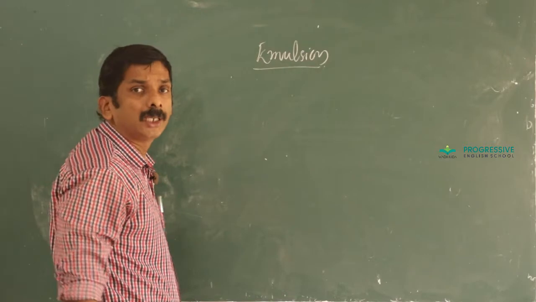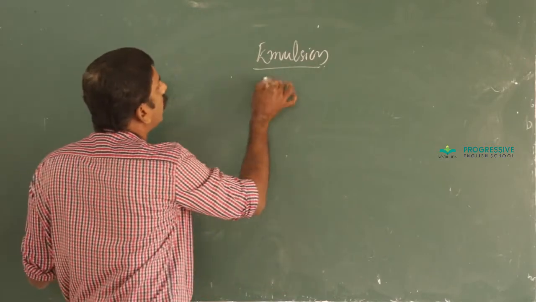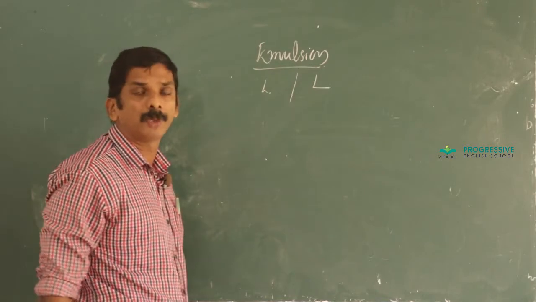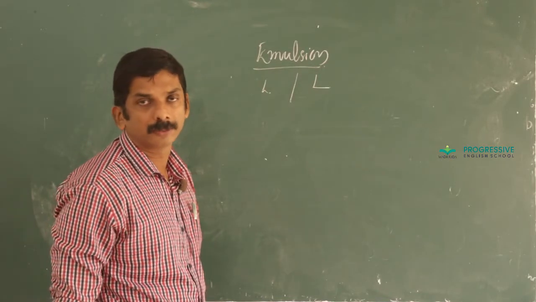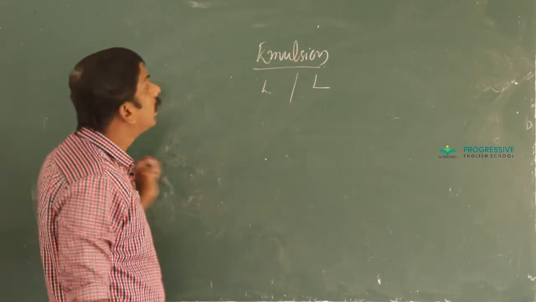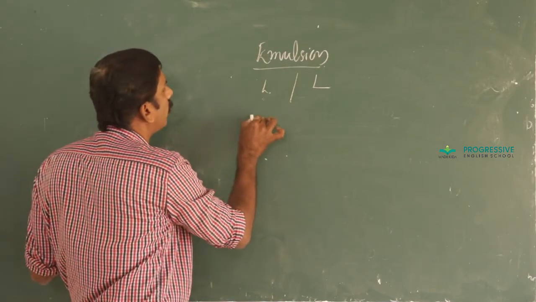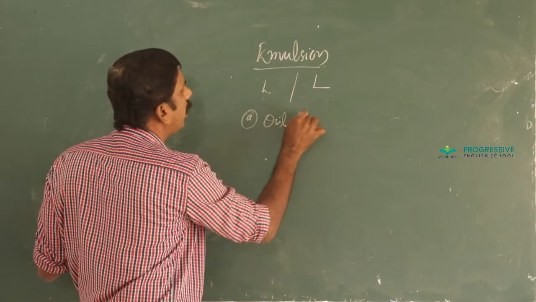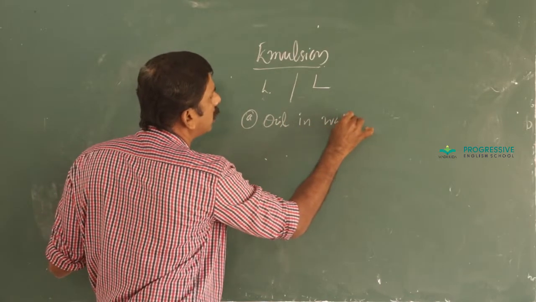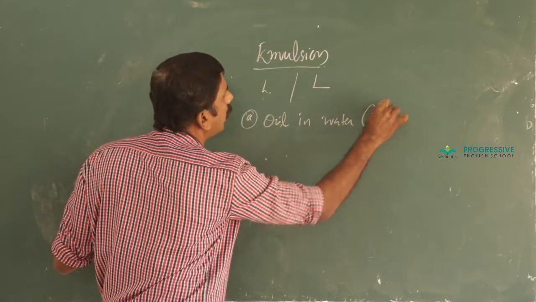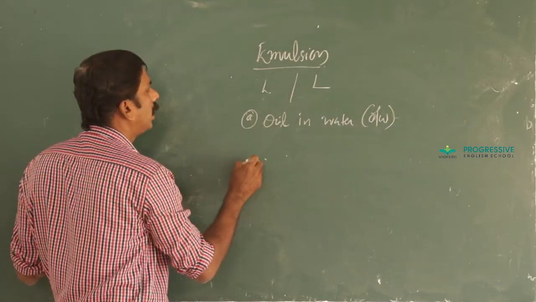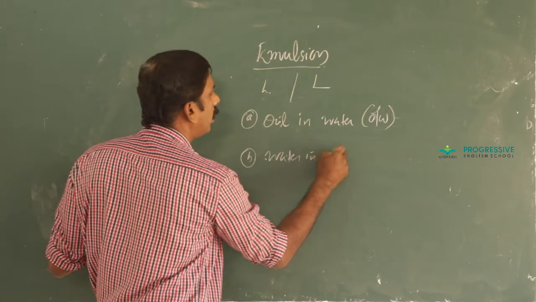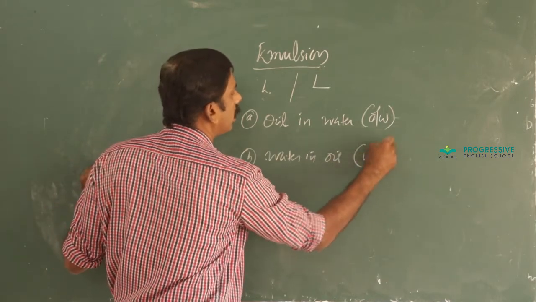Emulsion is a type of colloid in which both the dispersed phase and the dispersion medium are liquid. There are two types of emulsion. First one, oil in water emulsion, and the second one is water in oil emulsion.